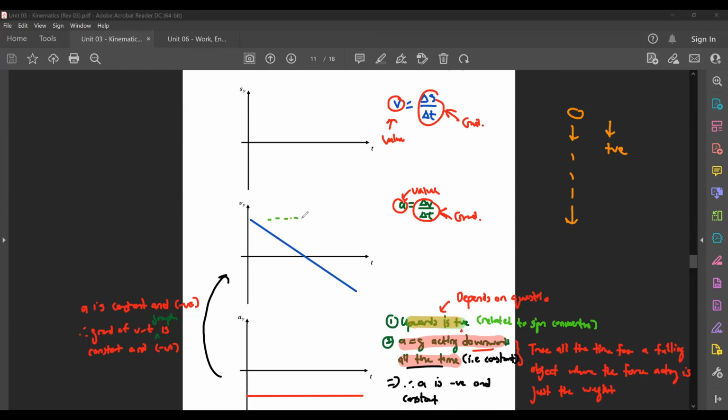If you look at the graph like this right now, what can I say about the y-axis value representing the value of velocity? I can say that v is less and less positive. And then once I go below the x-axis, I can say that v is more and more negative.